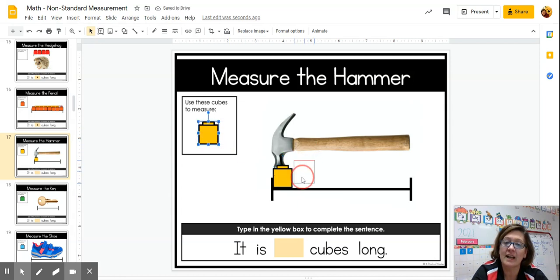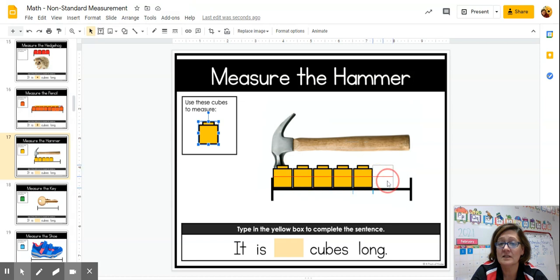I click, I drag, and I drop. 2, 3, 4, 5. Oh, wow. I said 4, didn't I? Oh, wow. I'm past 4.